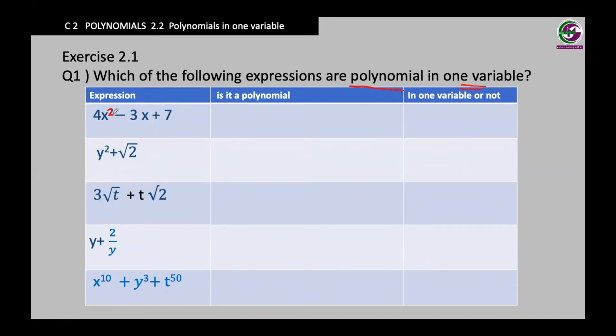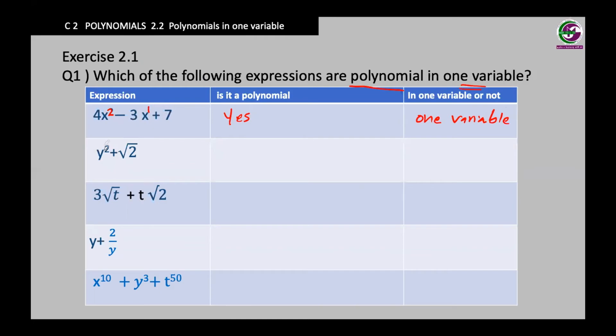Power of the variable here is 2, here is 1. If both are whole numbers, it is a polynomial. 2 is a whole number, 1 is a whole number. So the first question is a polynomial. Is it one variable or more variable? It is one variable, because you have only x.